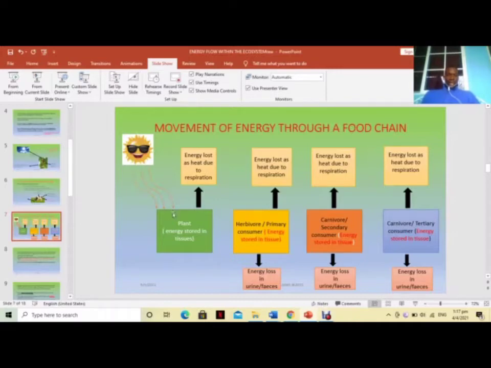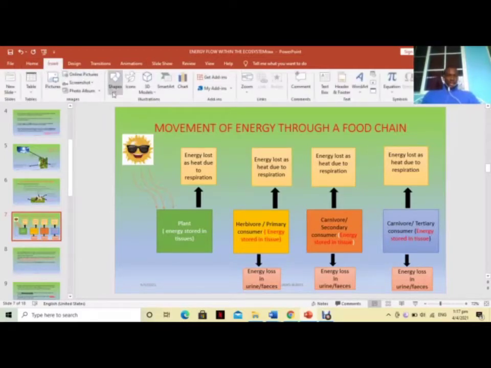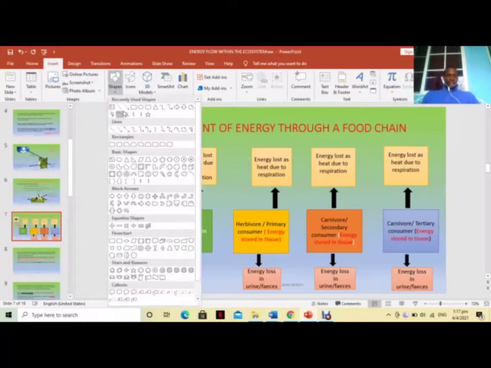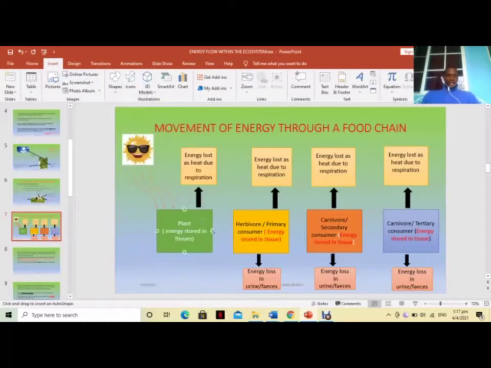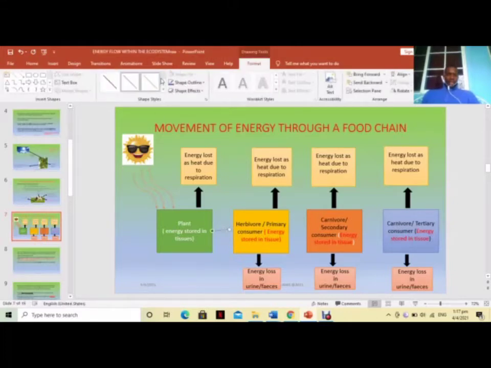I'm going to add in the arrows here just as I'm doing the presentation now. I don't want to stop it for too long, so you can see how I put together my PowerPoints. Basically, I need to add the arrows here because it is important to show the energy flow in the food chains. Alright, so that's my arrow there.